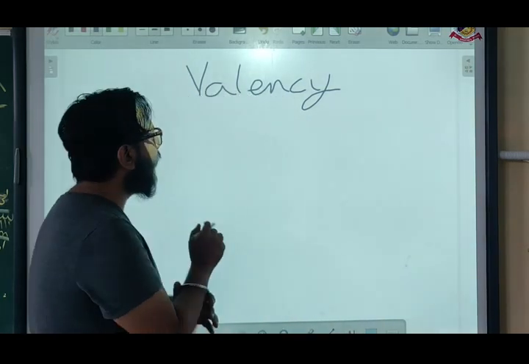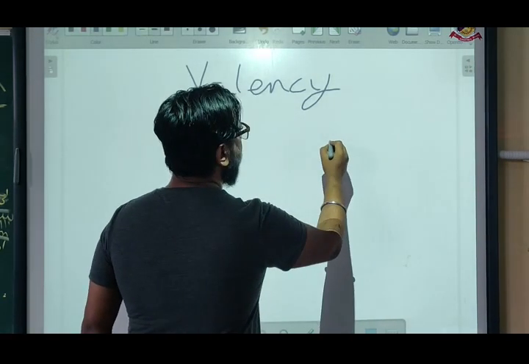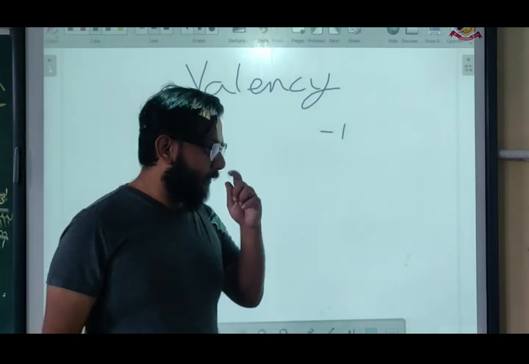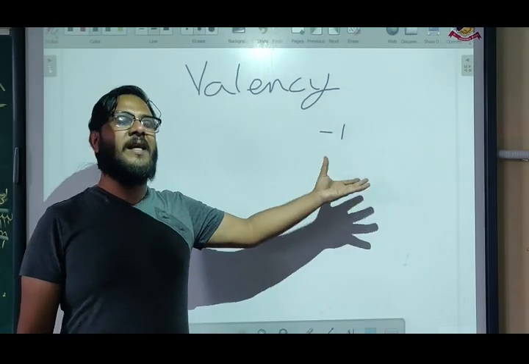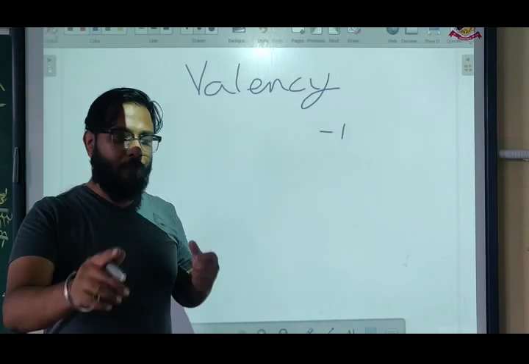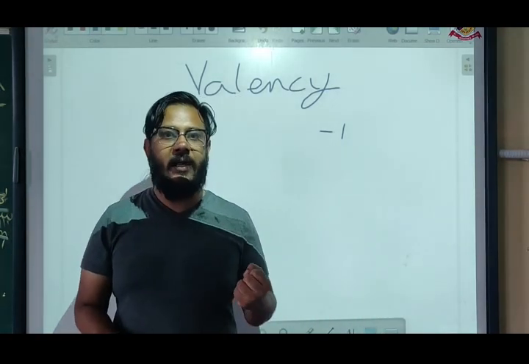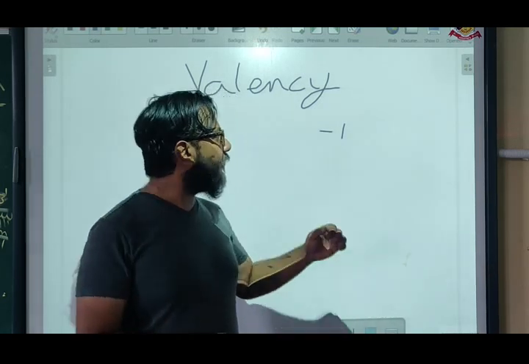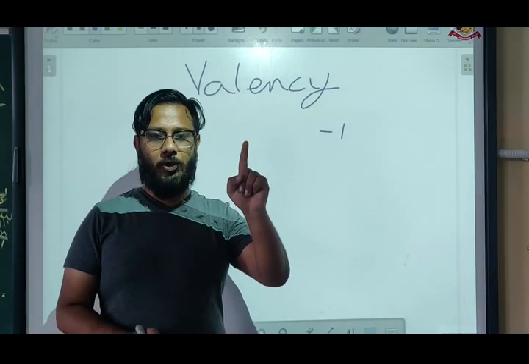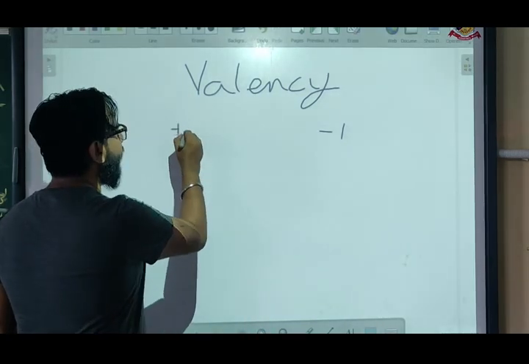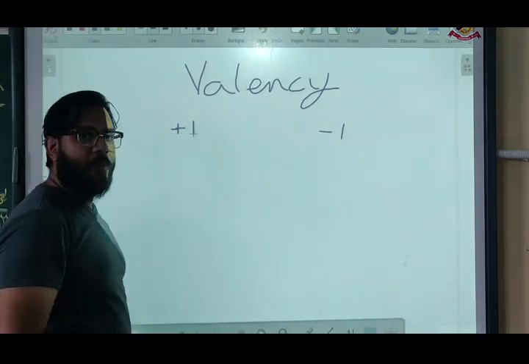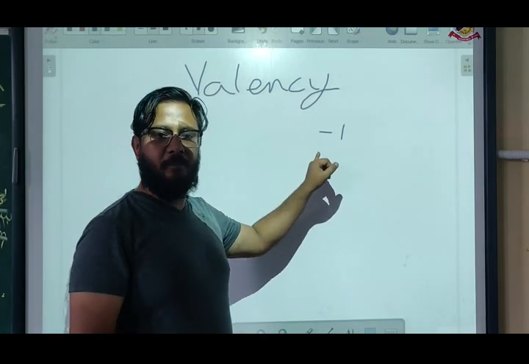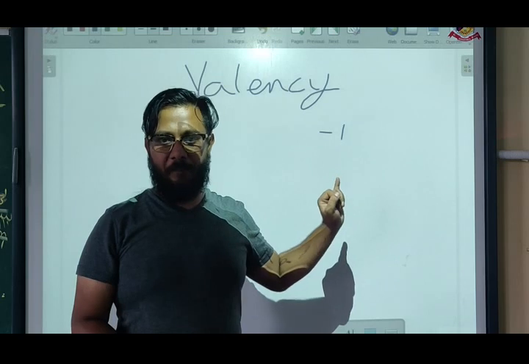Okay, if it is -1, then it means that -1 means it takes the electron. Like we discussed before, if it takes, then it will be negatively charged. If it gives, then it will be positively charged. If an element gives 1 electron, then it will be positively charged. So valency will be +1. If element takes 1 electron, it will be negatively charged and its valency will be -1.